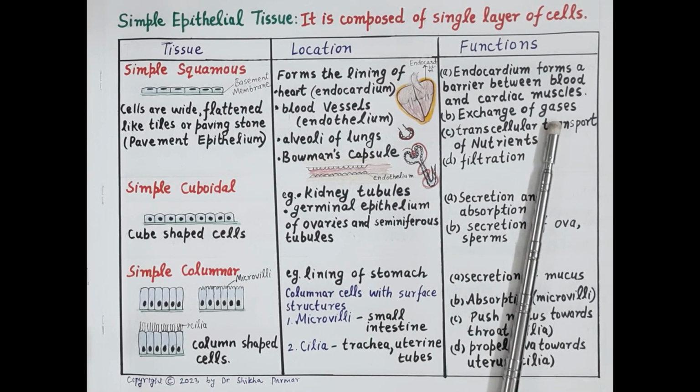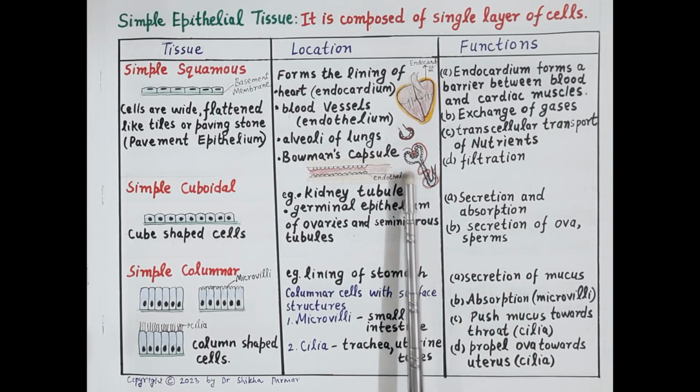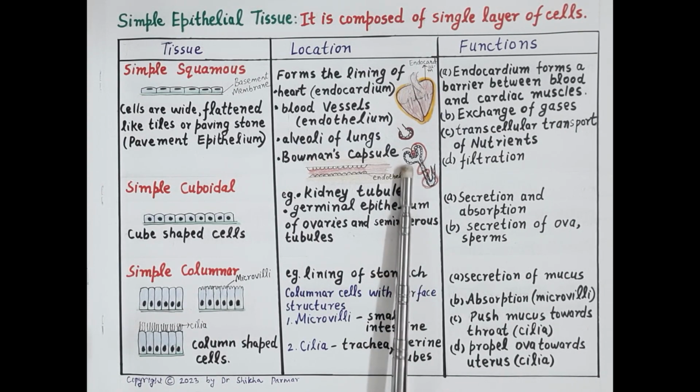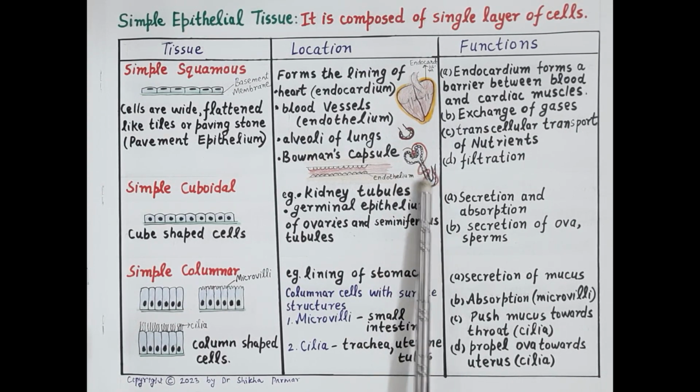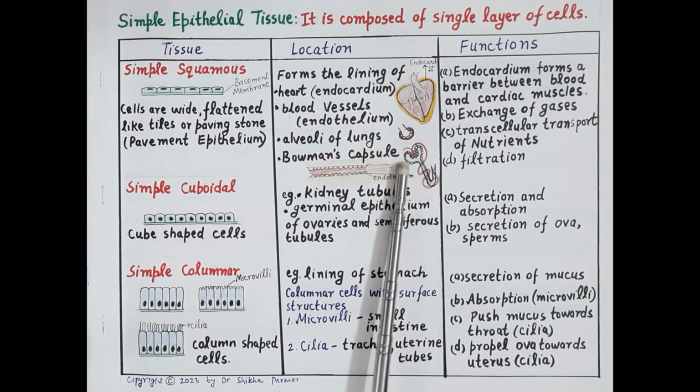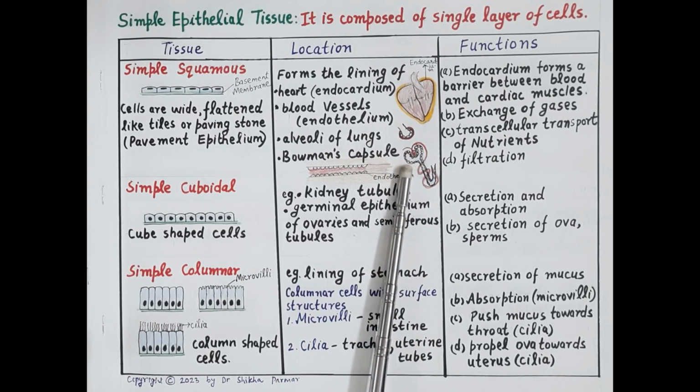Besides this, the simple squamous epithelium forms the lining of the Bowman's capsule. Now this is the structure of a nephron. The nephron is found in the kidneys, and this is a network of blood capillaries known as the glomerulus. And here is the cup-shaped Bowman's capsule.